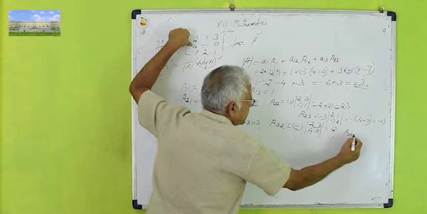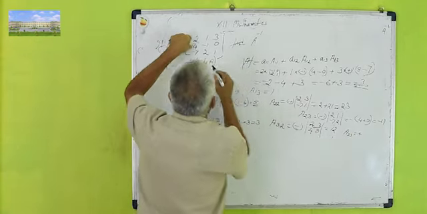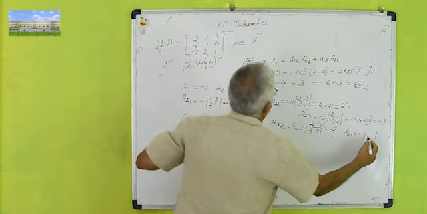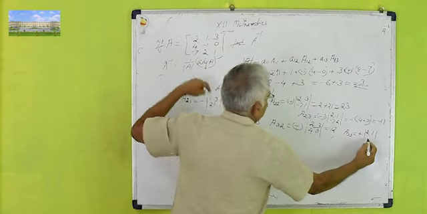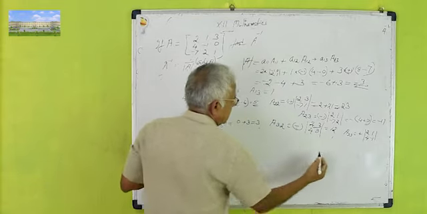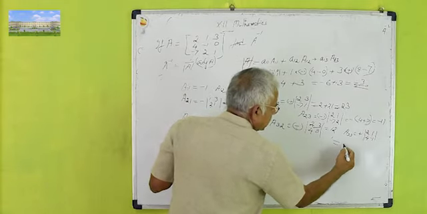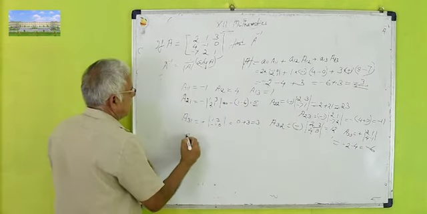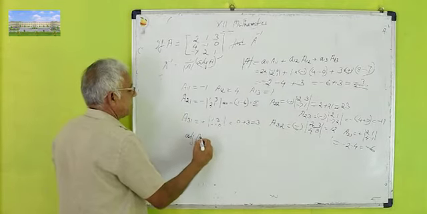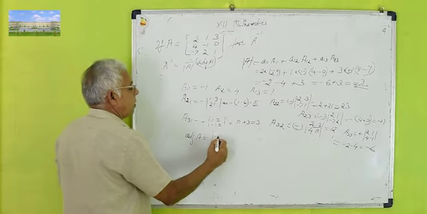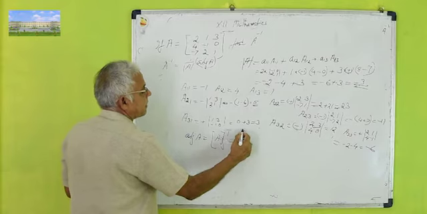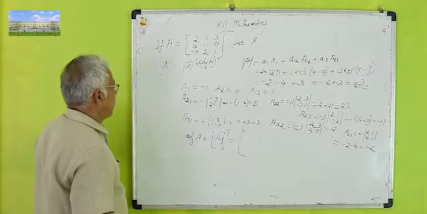A33 is equal to positive. Delete the third row and third column, 2, 1; 4, minus 1 is equal to minus 2 minus 4, minus 6. Then adjoint of A is equal to the transpose of the cofactor matrix Aij.